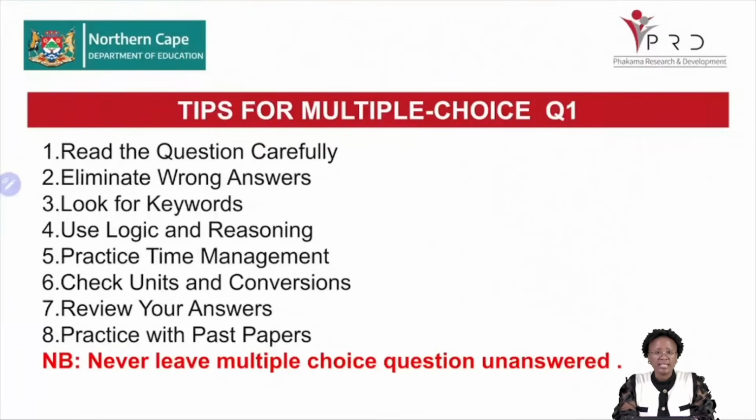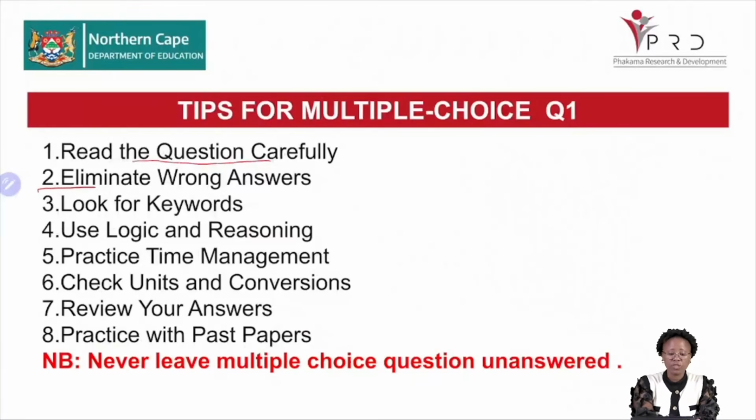Okay, without wasting any more time, I want us to first look at question 1 of many previous question papers. We know that the structure of the question paper starts with the multiple choice question. Now I'm going to give you tips on how to answer multiple choice questions. Number 1, read the question carefully with understanding. Take your time as you read it.